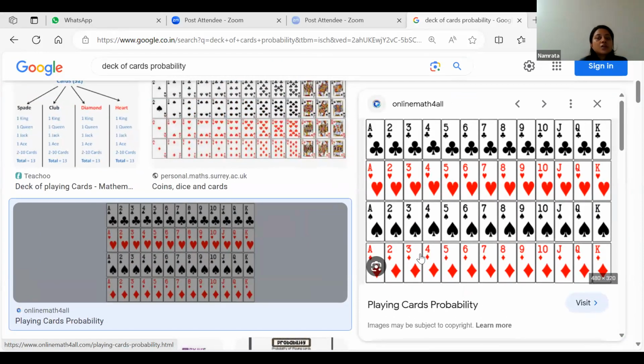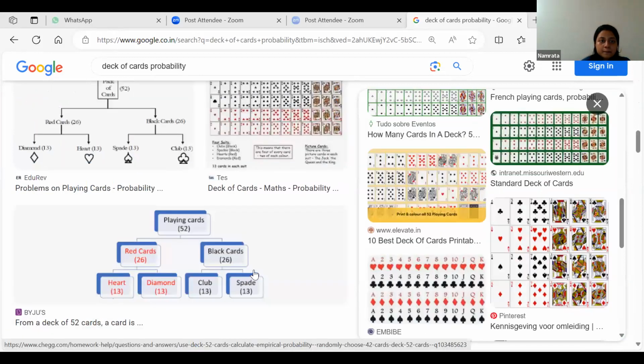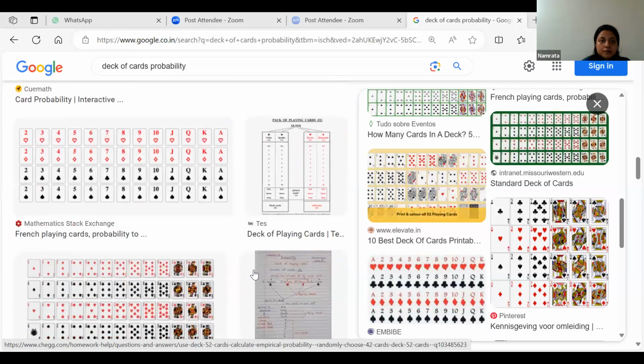So this is the structure of a deck of cards. Let me check the better one. Yeah, this is it.